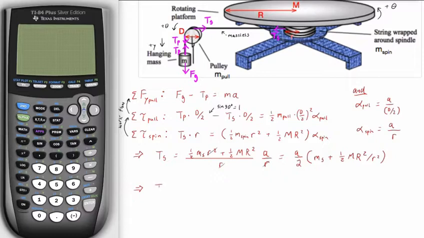So then I'm going to have Tp times d over 2 minus a over 2 times ms plus 1/2 big M big R squared divided by little r squared times d over 2 is going to equal 1/2 m pull d over 2 squared times a over d over 2.